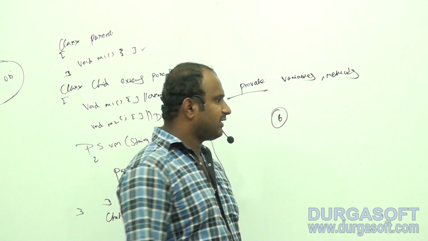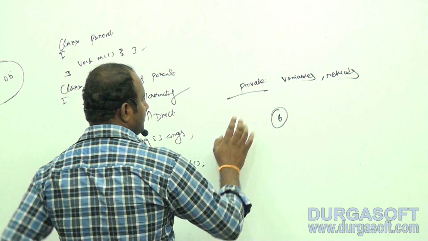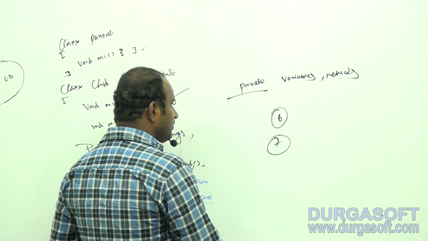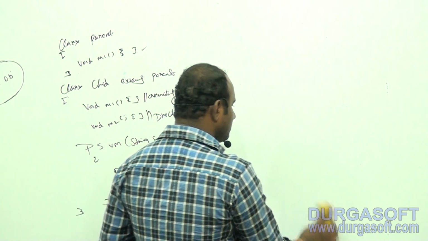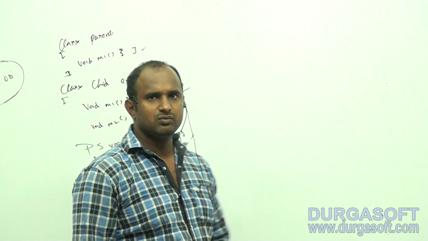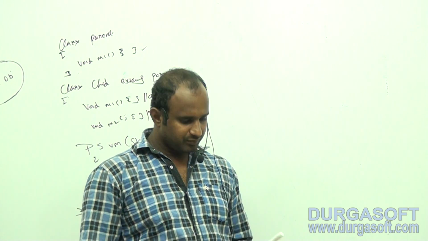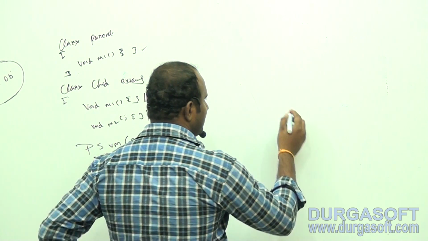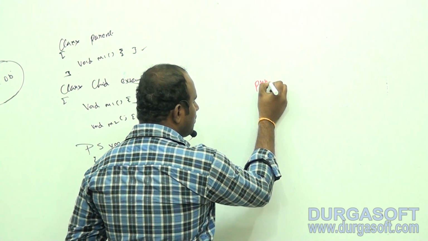So clear? The next one is rule number 7. Before going to rule number 7, we must know information about modifiers. What are the modifiers? How many modifiers are required for rule number 7?